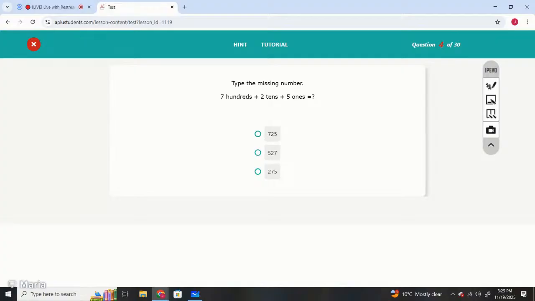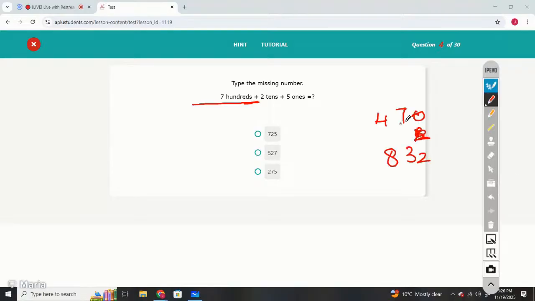Type the missing number. 7 hundreds, 2 tens, and 5 ones. So which number do they make together? 5 ones, 2 tens, and 700. So together they make the number 725.